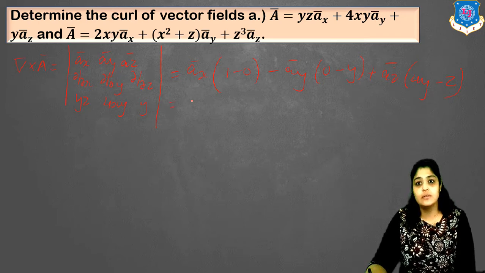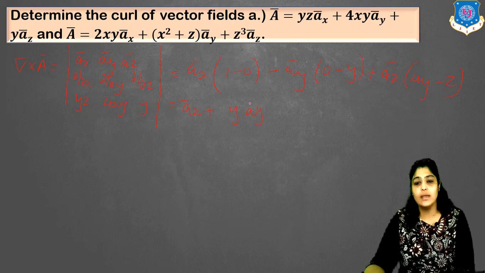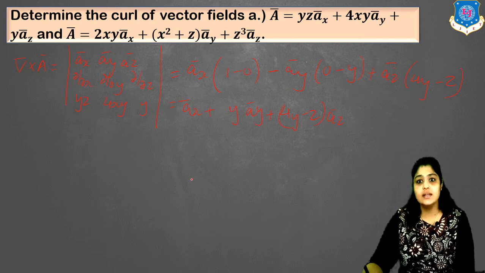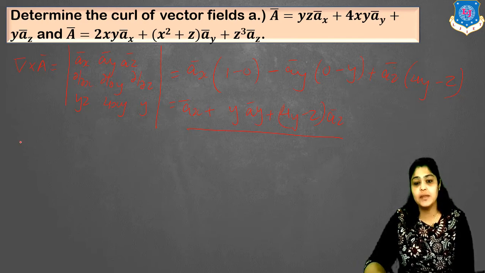So I have a_x plus into a_y plus (4y minus z) into a_z. So this is the answer of the first one which I have been given.